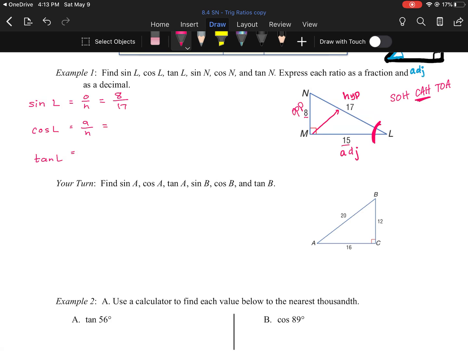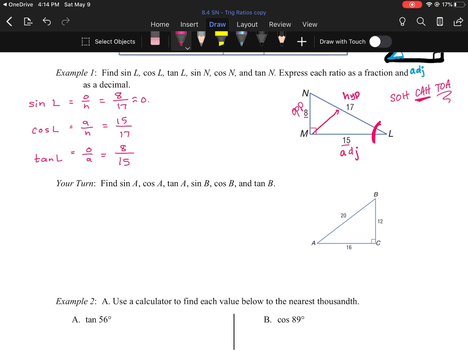My adjacent side is 15, my hypotenuse is 17. And tangent is the TOA part, so that's opposite over adjacent. My opposite is 8, and my adjacent is 15. So there's all my ratios as fractions. Done. It did ask for them in decimal form, so let's write all of them out.